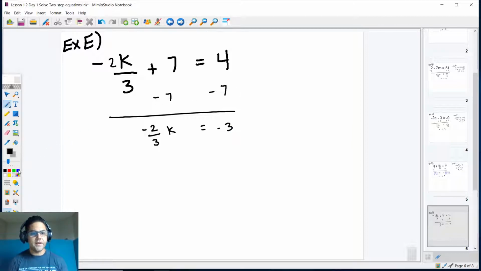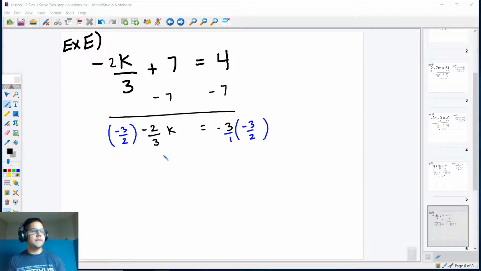All right, now I'm going to go ahead and again multiply by the reciprocal. So that's going to give me -3/2 inside each parentheses. On the left side, everything simplifies to give me a positive k, which is what we were looking for.